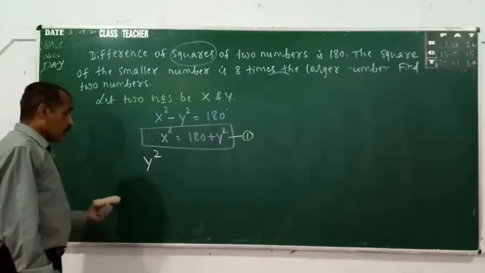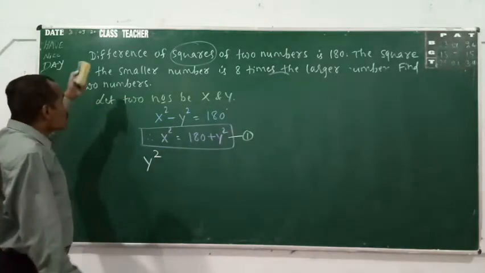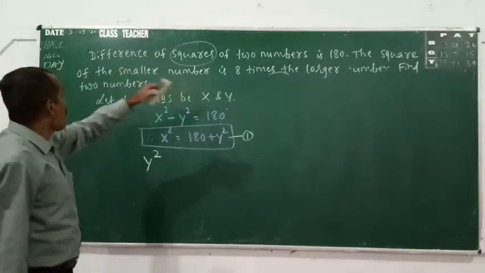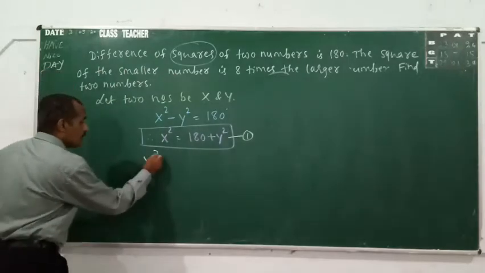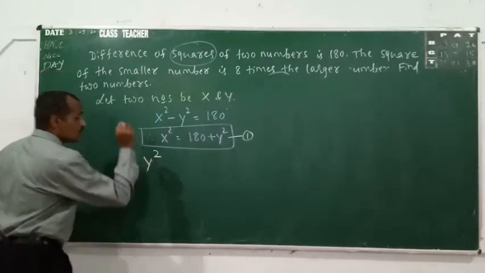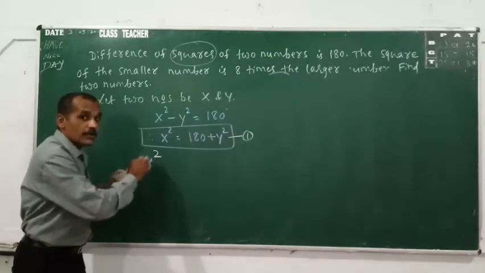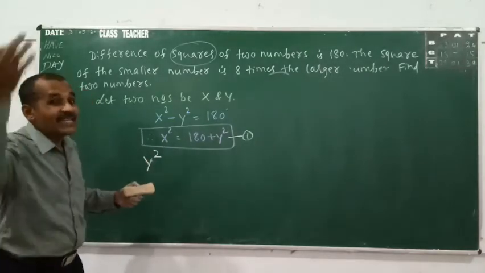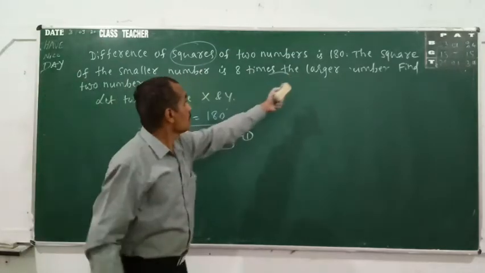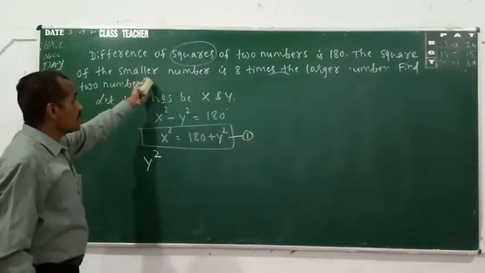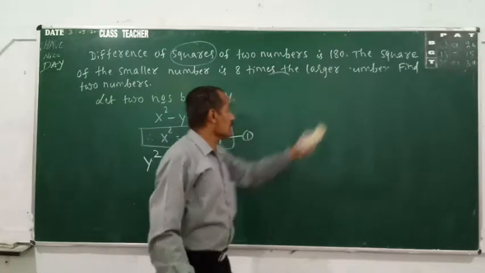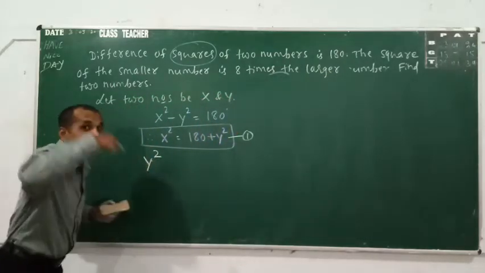That means what should I write? The square of the smaller number is more. How much more? The square of the smaller number is 8 times the larger number. This is already more because I have squared it.